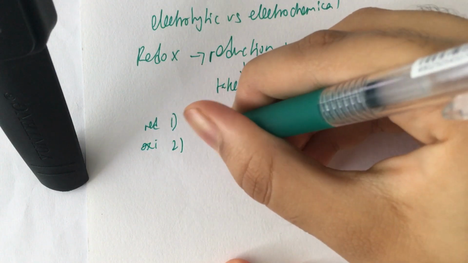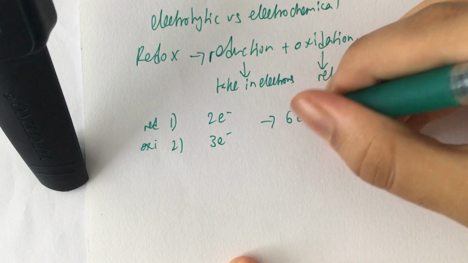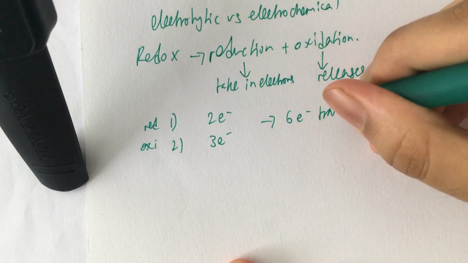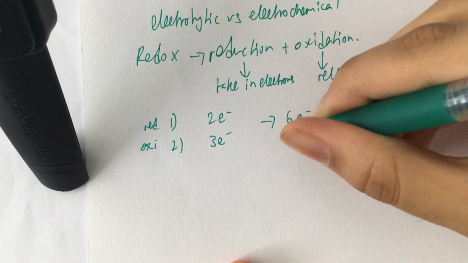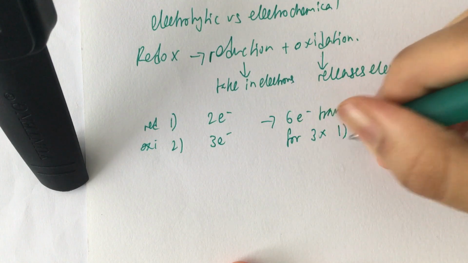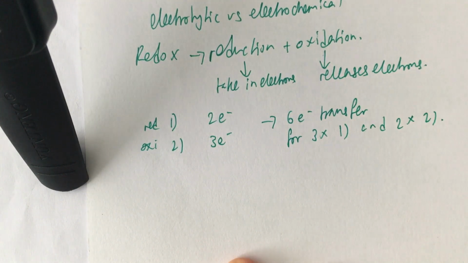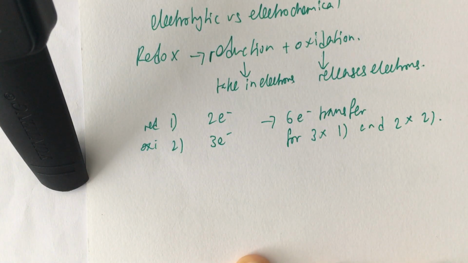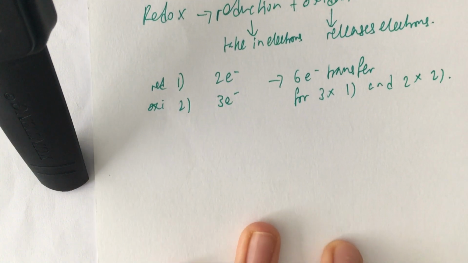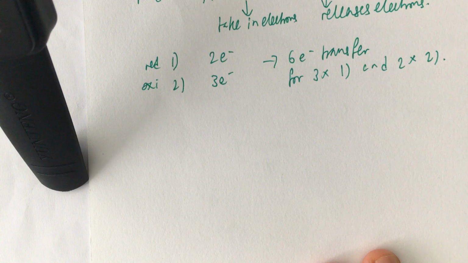So you multiply and get 6 electrons: the reduction you times by 3, and the oxidation you times by 2. Then you can cancel all the electrons, and you don't have random electrons popping up out of nowhere. The electron won't want to be alone, it will want to be a part of the molecule.